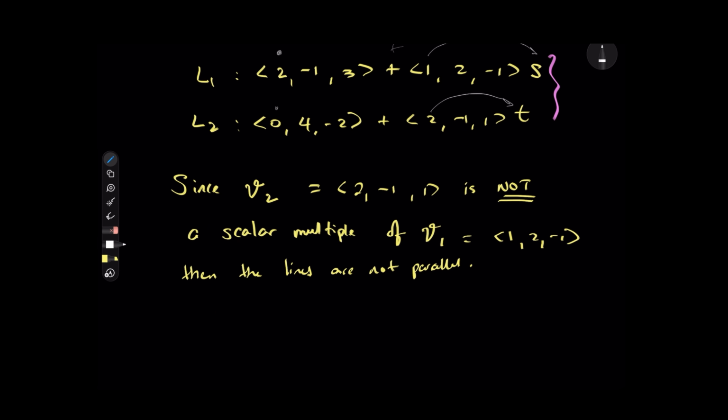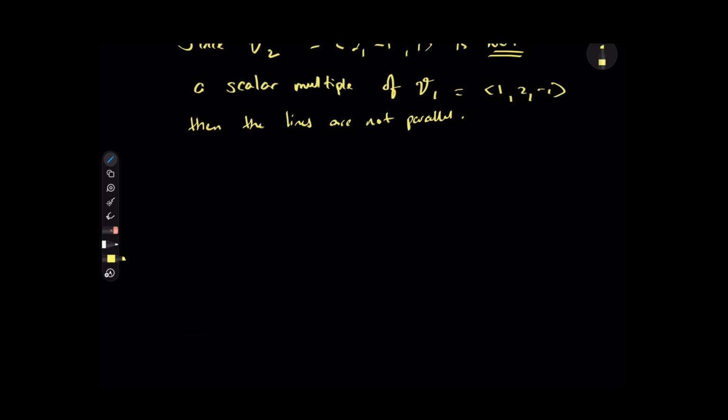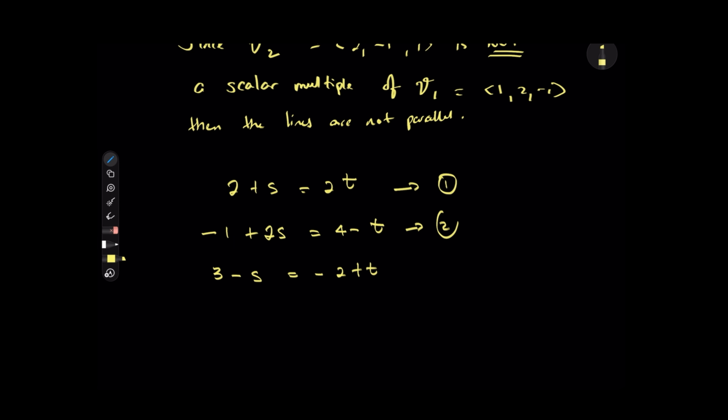So we have 3 simultaneous equations. The first one is 2 plus s is equal to 2t. The second one is -1 plus 2s is equal to 4 minus t. And the third one is 3 minus s is equal to -2 plus t. So let's label these equations so we can keep track of them.